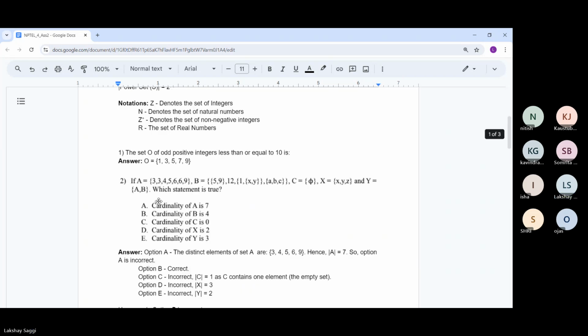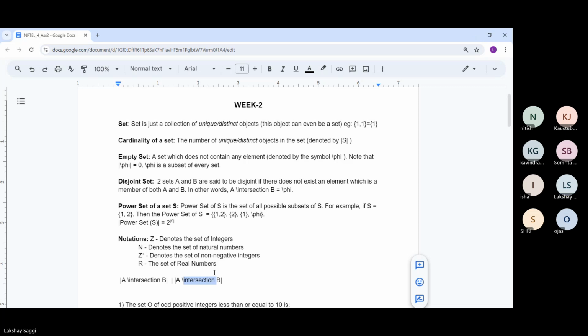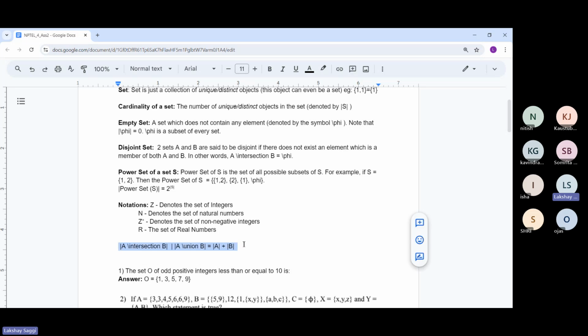The cardinality of A intersection B plus the cardinality of A union B is equal to the sum of the individual cardinalities. So cardinality of A plus cardinality of B is nothing but cardinality of A intersection B plus cardinality of A union B.